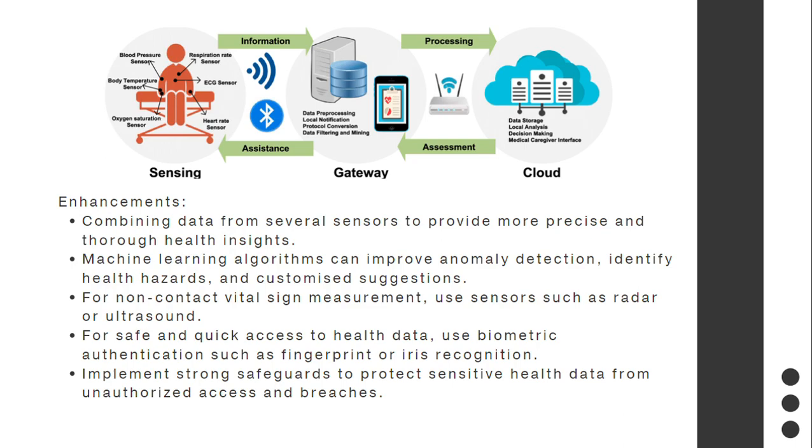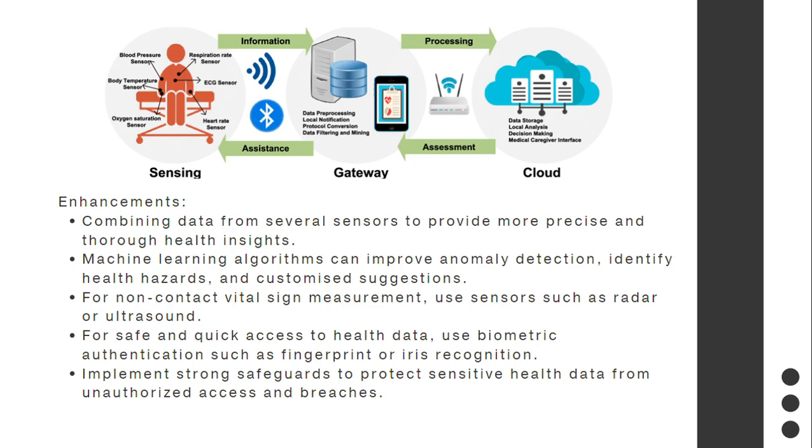The sensors on the system will sense, as in the diagram, blood pressure, respiration rate, body temperature, oxygen saturation, heart rate, and ECG, and this will be sent to our device or IoT device using a gateway.